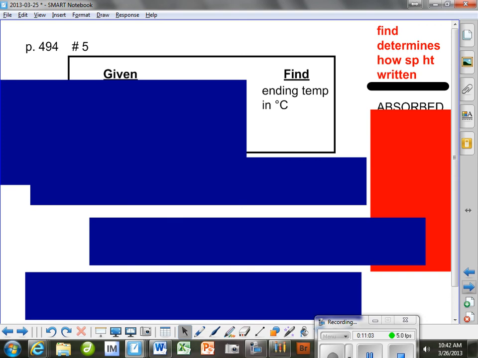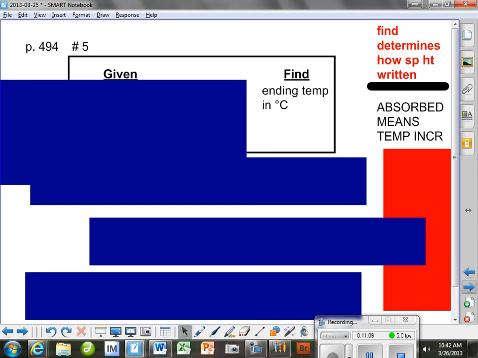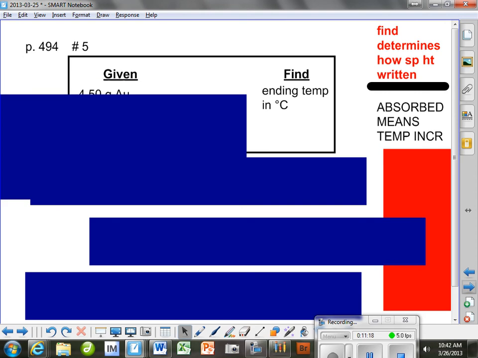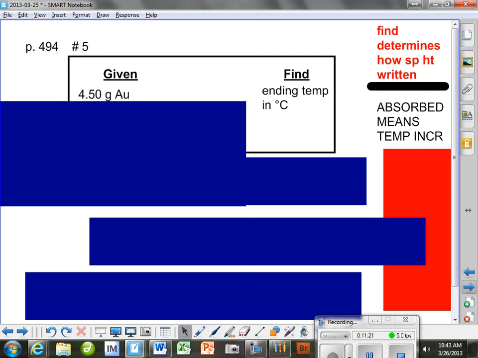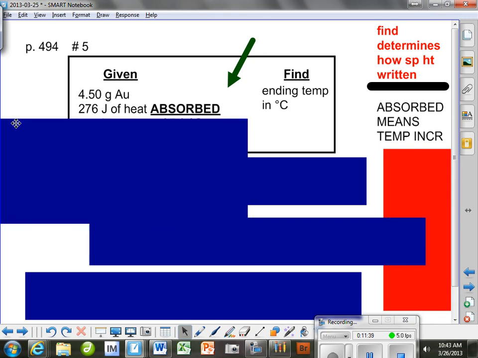Edit, you're going to tell us what the given is. .60 what? Grams of what? It's gold in them there hills. Okay, good. What else do we know? We have 276 joules of heat. And is that absorbed or given off?